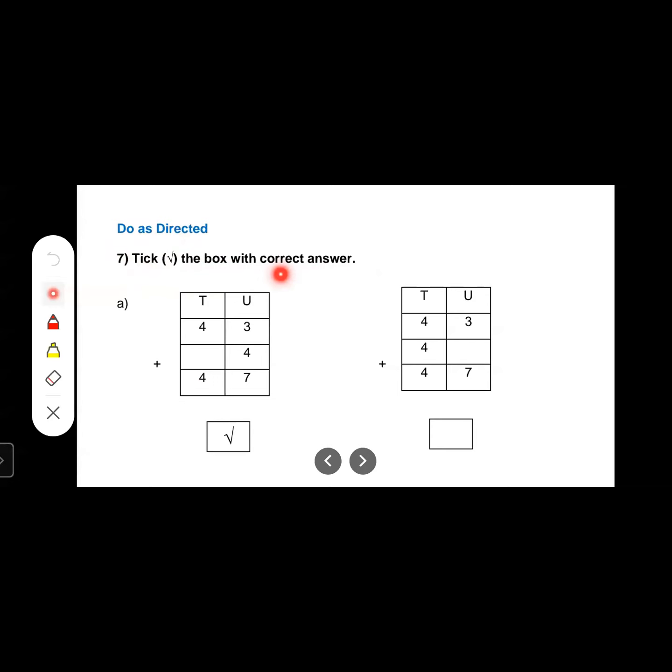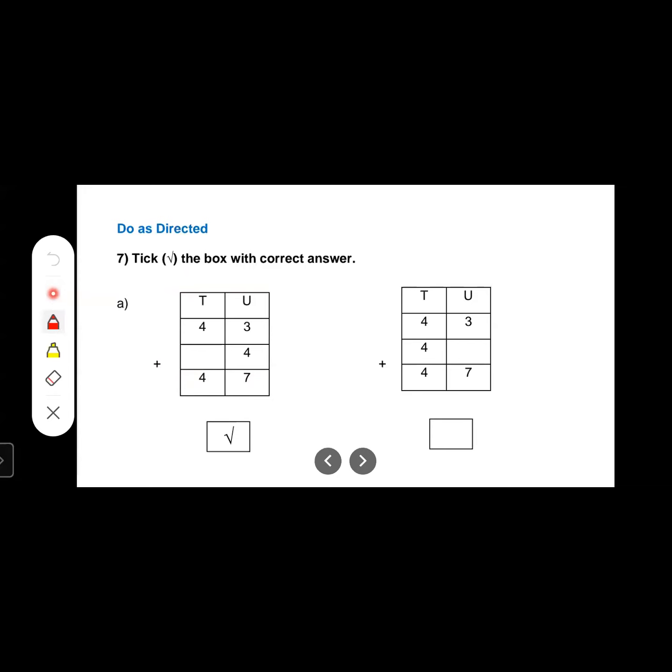Here two sums are given. We have to check whether this is written correctly or not. Okay. So we will first read out the first box.